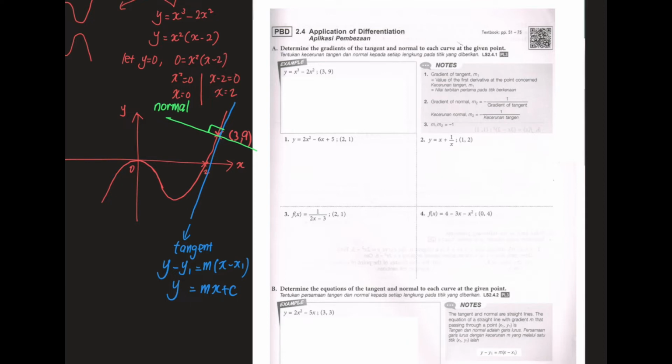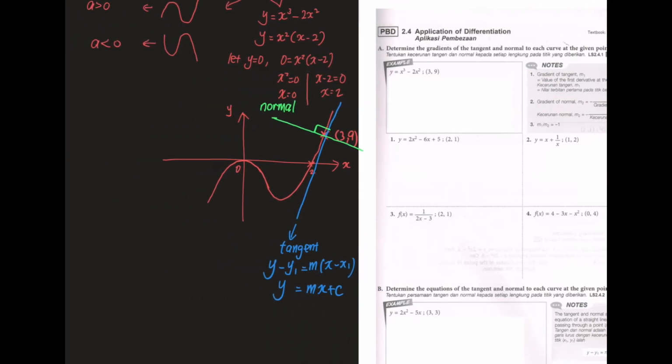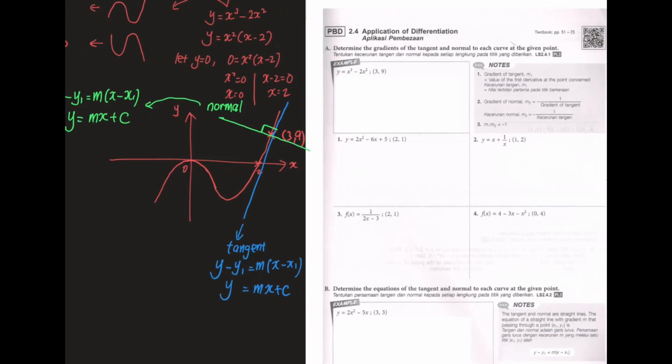And likewise, normal is also a straight line. So to find the equation of normal, you can also use y minus y1 equal to gradient times x minus x1, or y equal to mx plus c. Okay, any of the formulas.